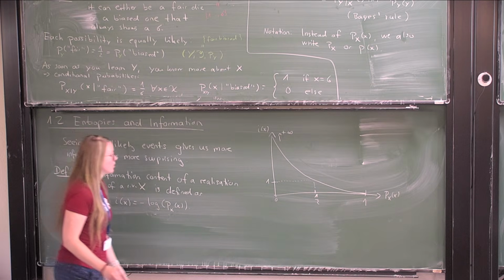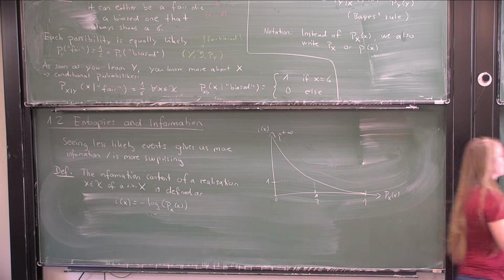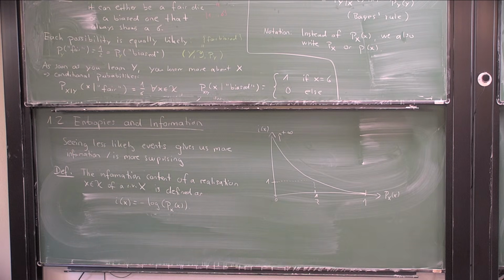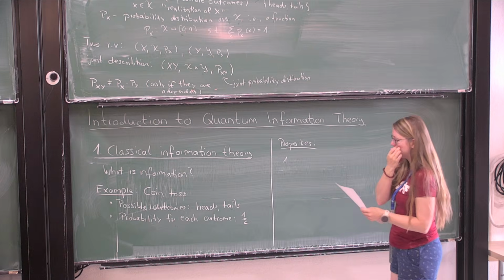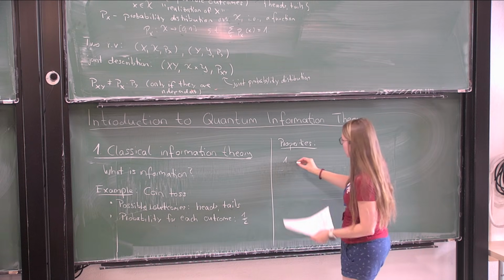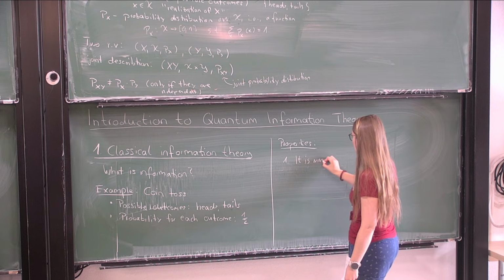Let me capture these properties. We said the less likely events are more surprising. It means that mathematically it is monotonically decreasing.